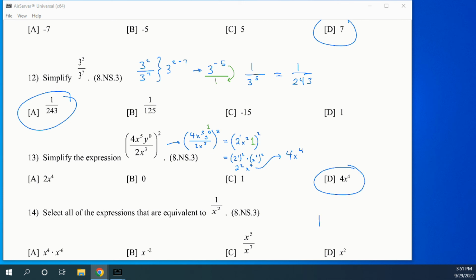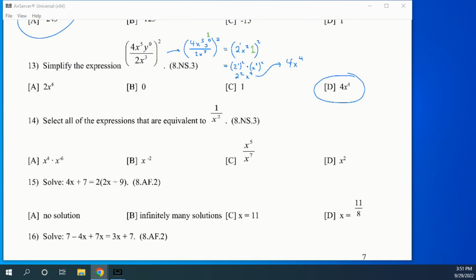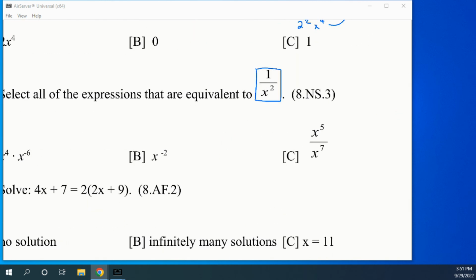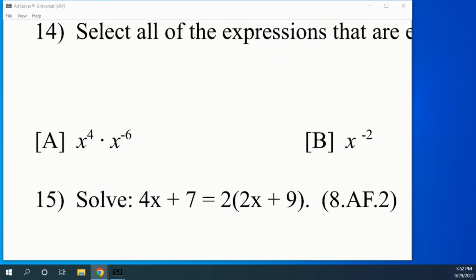Number 14. Select all of the expressions that are equivalent to 1 over x squared. So I'm actually just going to simplify what I can down here and see what shakes out. Since A is x to the fourth times x to the negative 6, you can add these exponents.